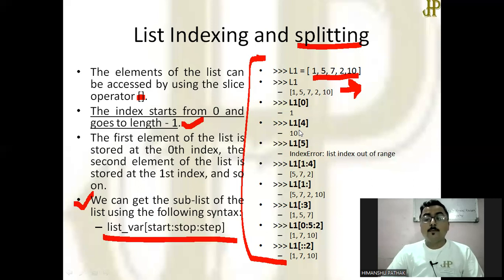Now, if I try to print outside of the list, the 5th position, L1 of 5, it means I want to extract the 6th element of the list. But here you can see that there is no 6th element.